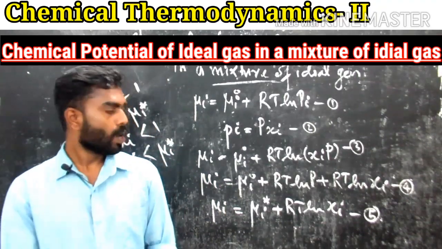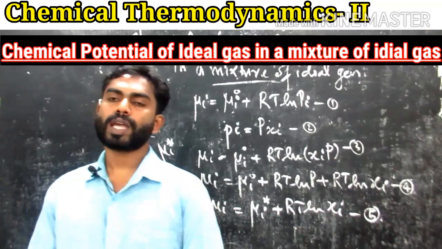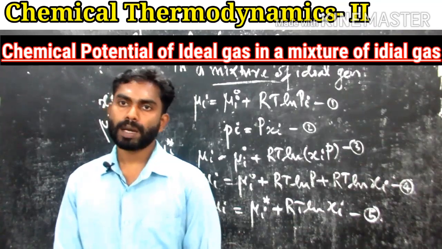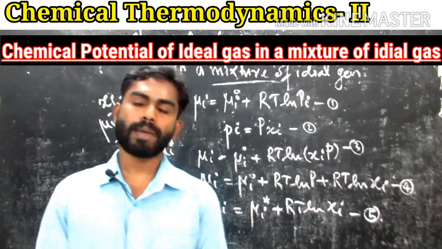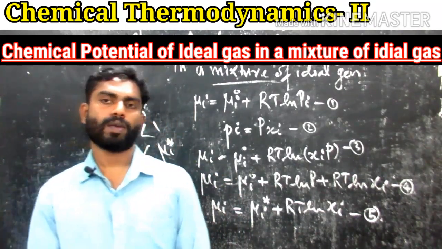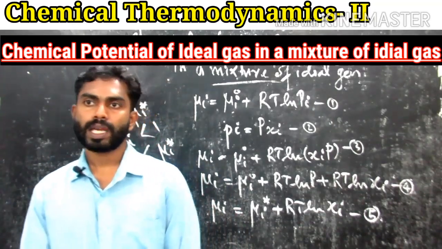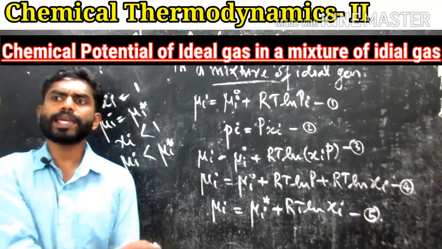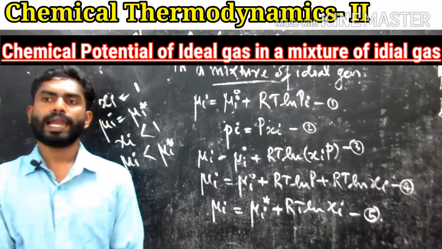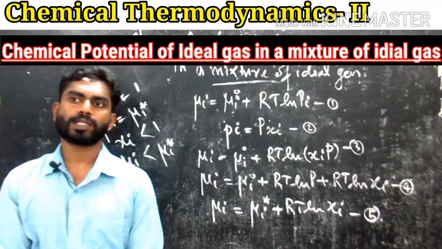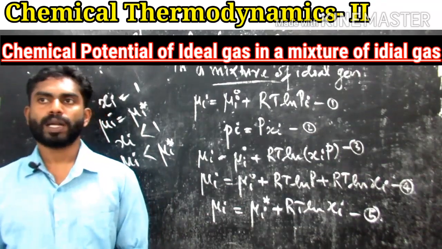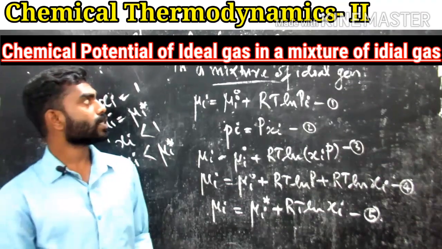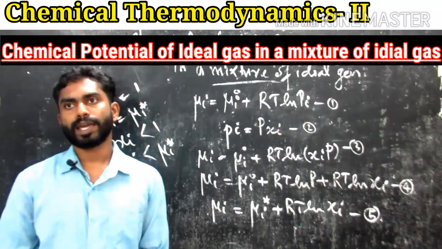Thus, equation 5 shows that the chemical potential of any gas in a mixture is always less than the chemical potential of pure gas under the same total pressure. Okay, this is the chemical potential of an ideal gas in a mixture of ideal gases.